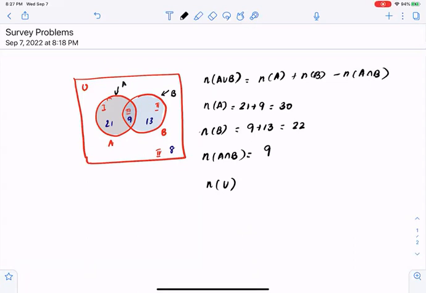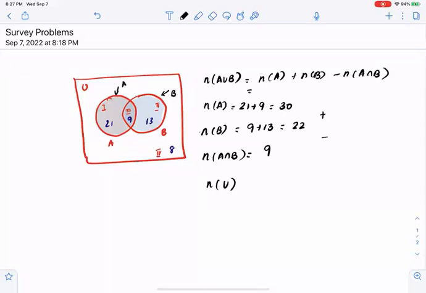So when we put N of A, N of B, and N of A intersect B, one of the double counted 9s will go away. For instance, if I add those two and subtract that 9, one of the 9s will get cancelled.